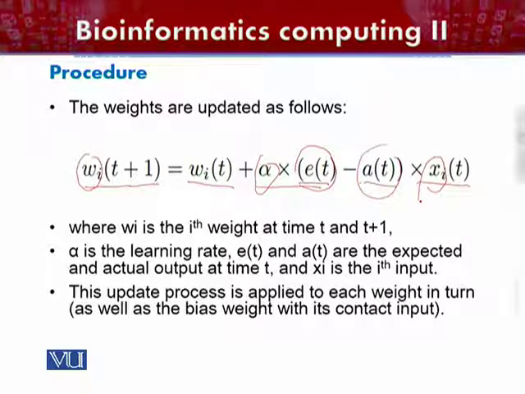This update process is applied to each weight in turn, as well as the bias weight with its constant input. So the same update equation is applied to both the regular input signals and the bias input.